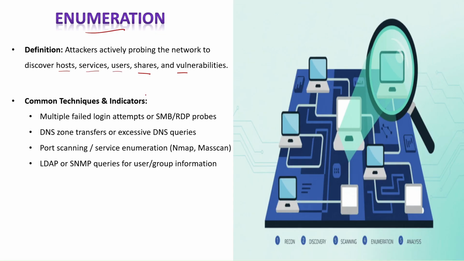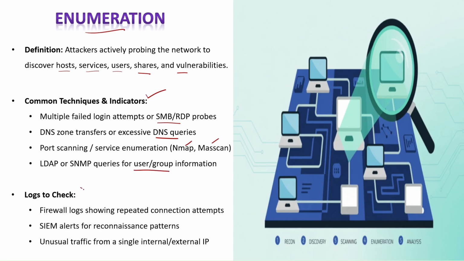Some common techniques and indicators of enumeration include multiple failed login attempts, SMB/RDP probes, DNS zone transfers or excessive DNS queries, port scanning or service enumeration through Nmap and Masscan, and LDAP or SNMP queries for user and group information.